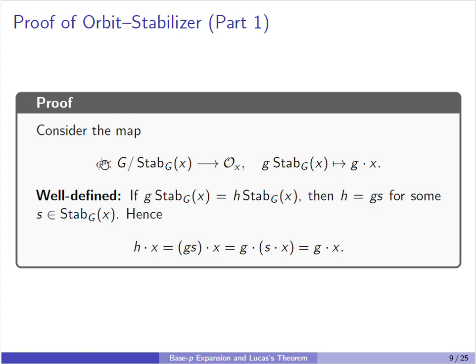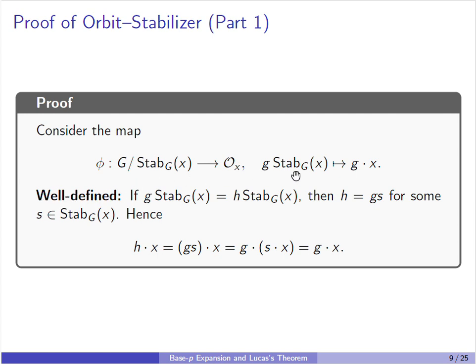So we define this map phi, which takes a coset gStab(x) to the element g·x of the orbit. This is just the action of g on the element x. We claim that this is a well-defined bijection.